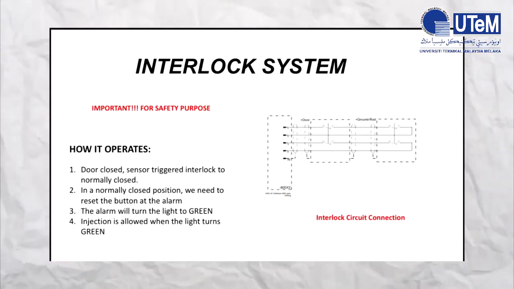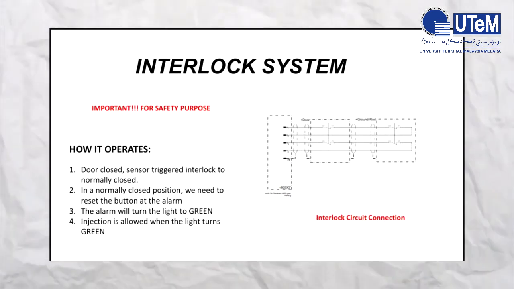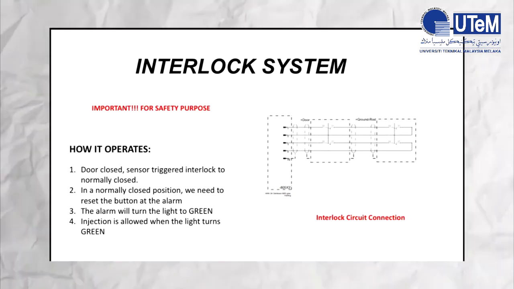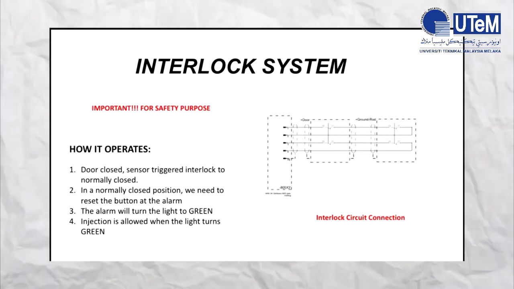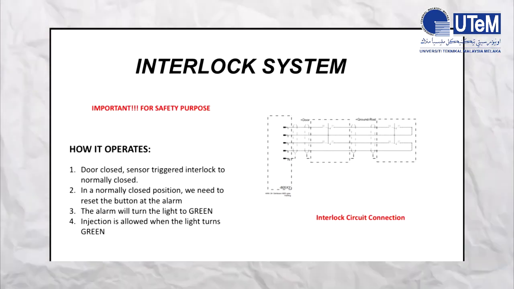Assalamualaikum. I'll be continuing to the next component, which consists of the interlock system and the emergency button. An interlock system is very crucial for the system. It is a feature that makes the states of two functions mutually dependent. It serves a safety purpose, as it prohibits people from entering when testing is in progress.